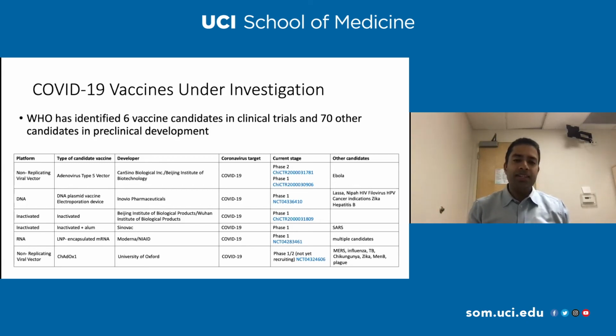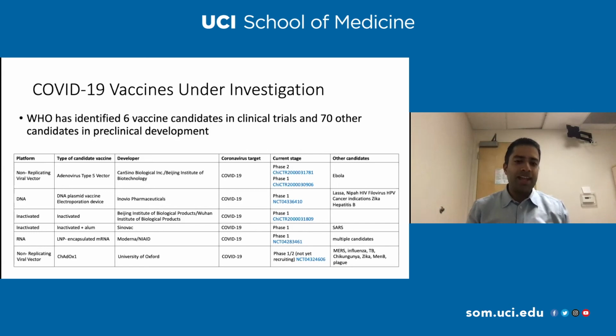The reason that it takes a long time for a vaccine to come to market is, to show that the vaccine is beneficial, you need to recruit a large number of patients, because you need a population that has a high risk of getting the disease.